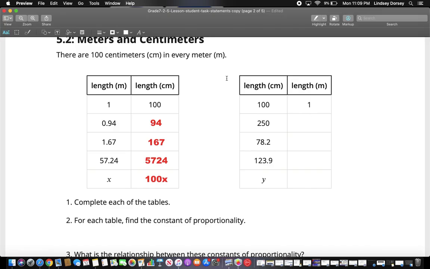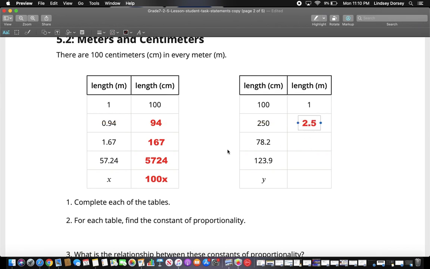Okay, what about this table? If you notice, our centimeters and meters switch sides. So if 100 centimeters is equal to 1 meter, how many meters is equal to 250 centimeters? That would be 2.5.